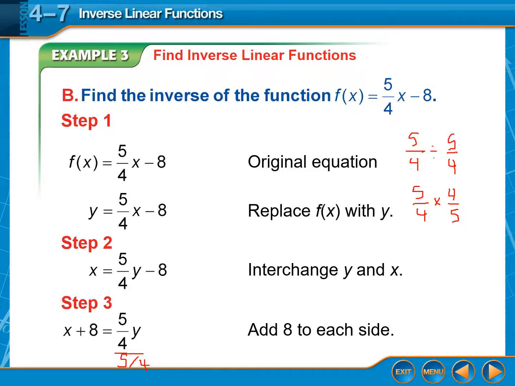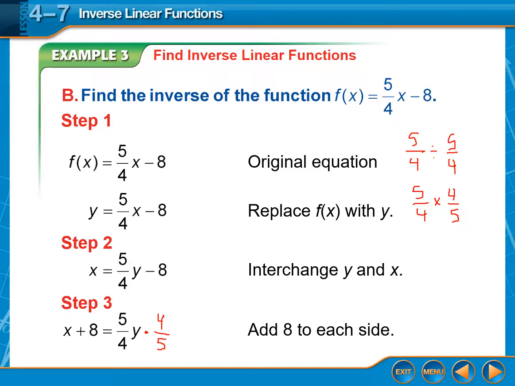So when we have a fraction, instead of dividing by that fraction, it's actually easier to multiply, just like we did over here, 5 over 4 times 4 over 5. So I'm going to take 5 over 4y, and I'm going to multiply by 4 over 5, because it's the same thing as dividing by 5 over 4.